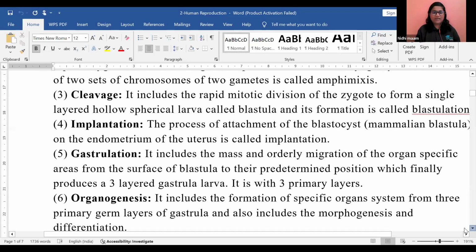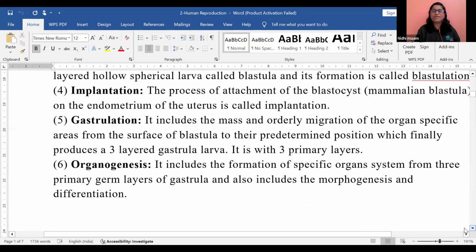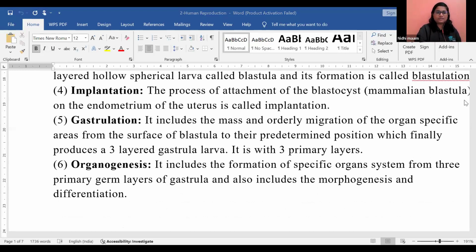Implantation is the fixing of the embryo to the endometrium of a female. Gastrulation is the migration of cells from the surface of a blastula to their predetermined position. The blastula, the blastocyst, is a ball of mass of cells.